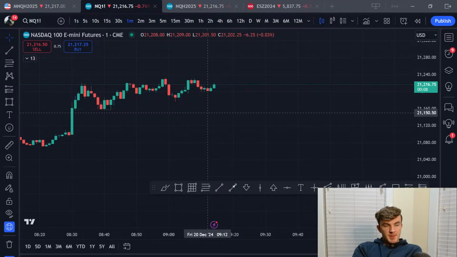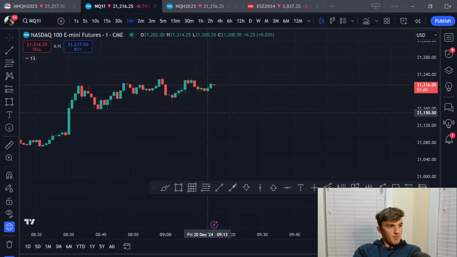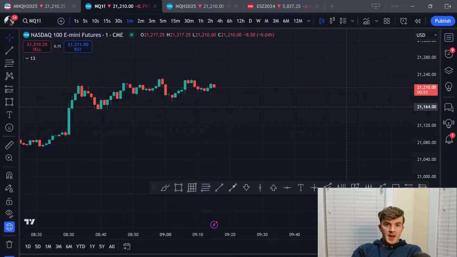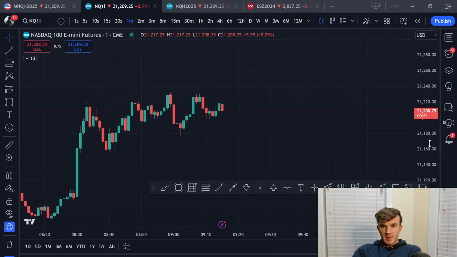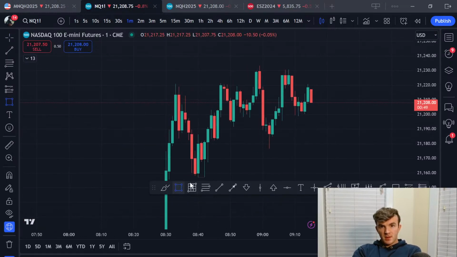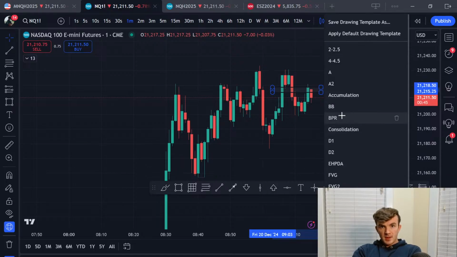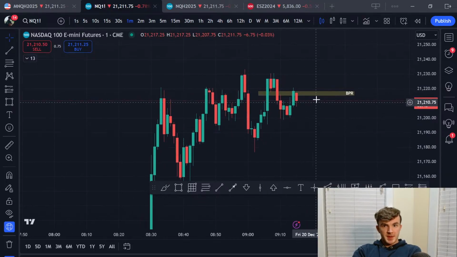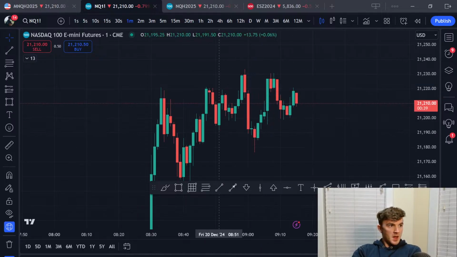I guess we just gotta be a little bit more patient here. Okay, we have a possible 1-minute BPR. We'll see how we react off of this, but once again, I'm bullish in the short term, so we'll see.